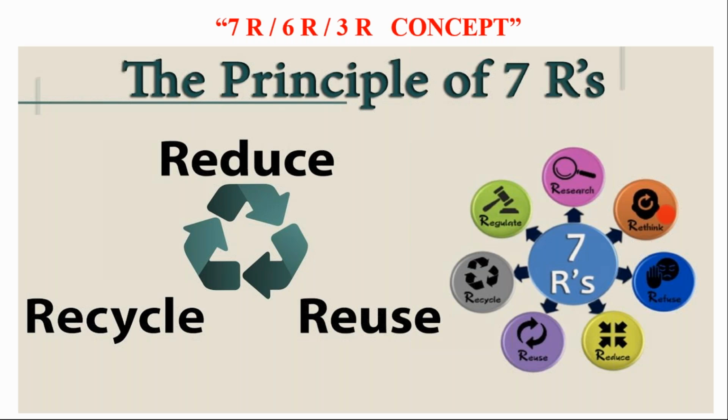Whatever the conventional technique is in that industry, if you rethink that conventional process and modify the techniques, the process or the materials, then we can reduce the burden on the environment. That is nothing but rethinking.